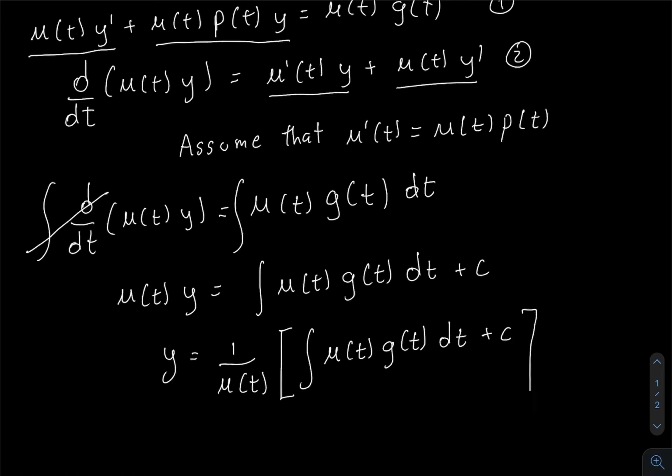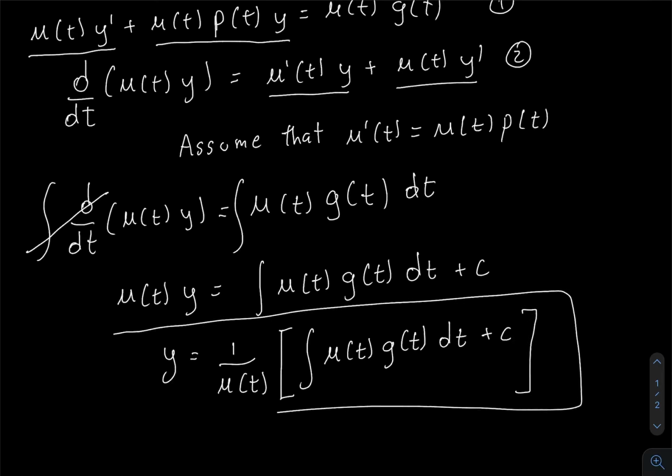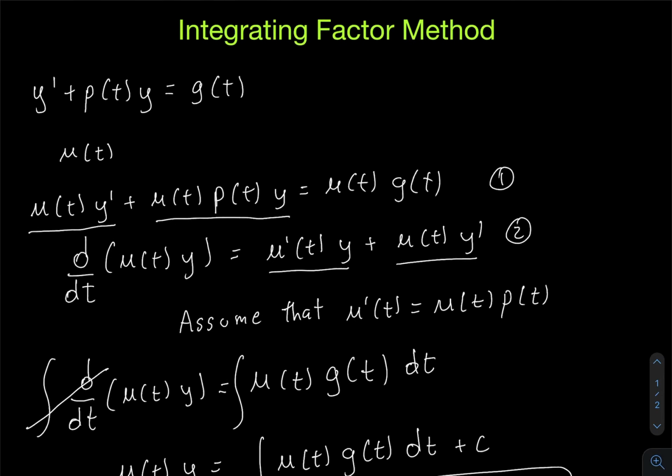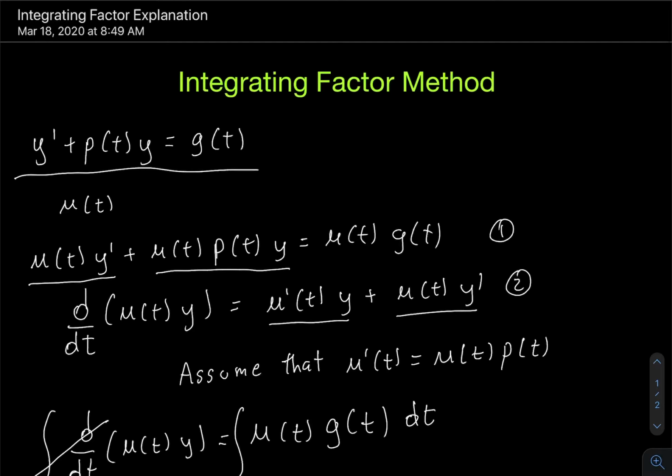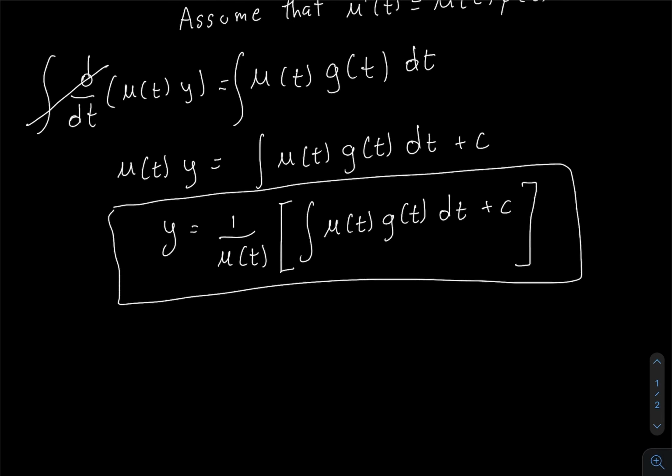Okay, so this will be the formula that we're going to use to solve first order linear differential equations of this form using the integrating factor method. So the integrating factor method is just this formula to solve for y.